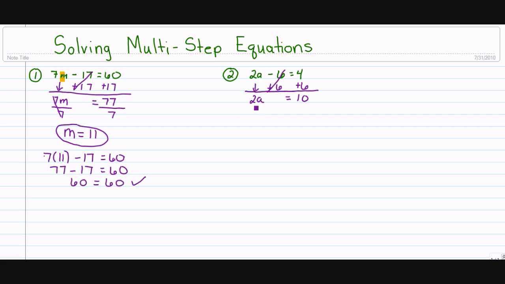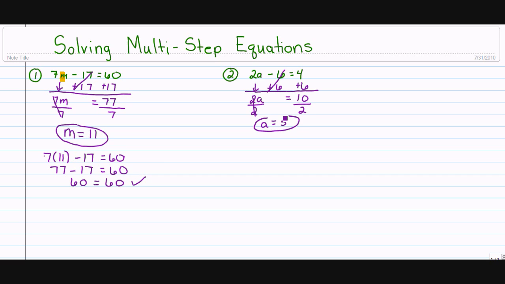Now I can separate the 2 and the a. They're connected through multiplication, so I want to separate it by dividing both sides by the 2, leaving me with a equals 5, or 10 divided by 2.